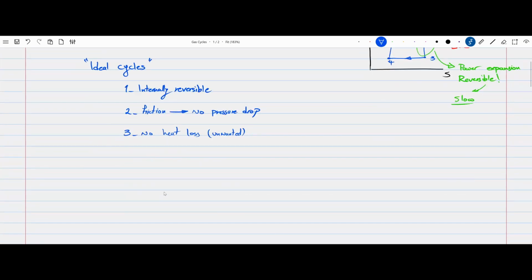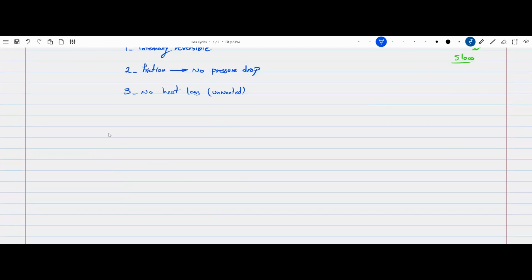Now, focusing on the gas power cycles, we have to make a few assumptions regarding our working fluid, which is air. So the conditions that we are going to assume are very straightforward. Number one is that air is an ideal gas. Throughout the cycle, regardless of what process it goes through, we are going to assume that air is an ideal gas.